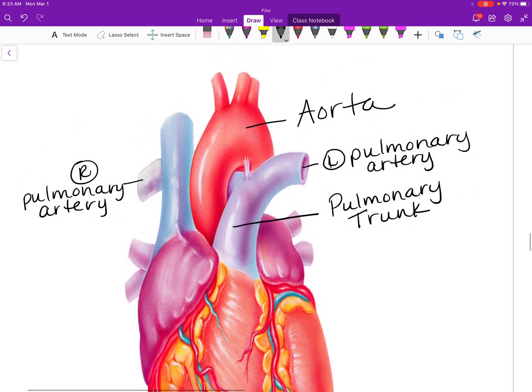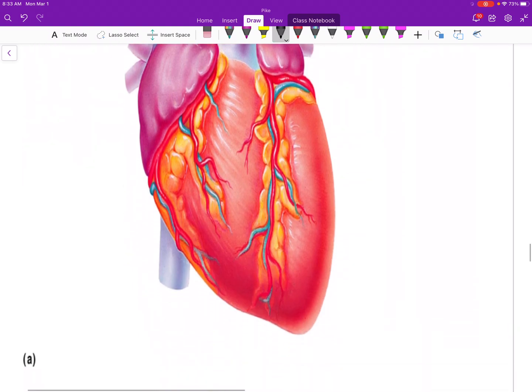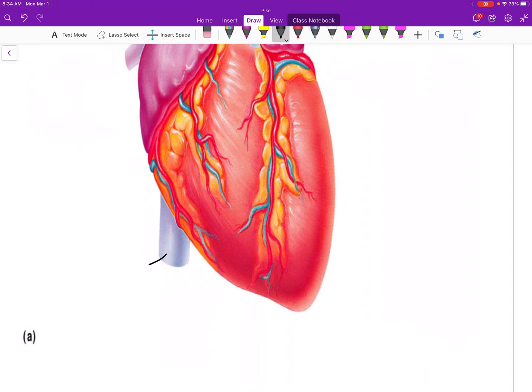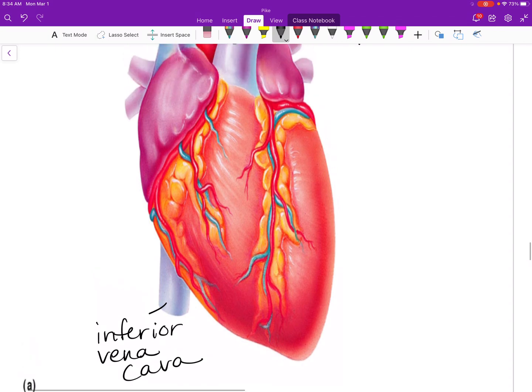The major veins right here, bringing blood back to the heart. This is my superior vena cava. And then bringing blood back to the heart from the lower part of the body is the inferior vena cava. Okay.